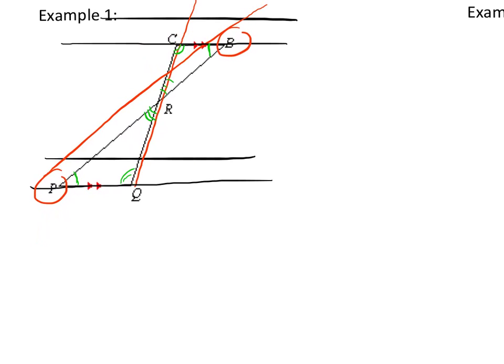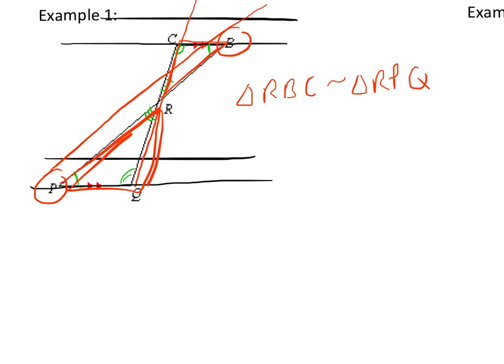And if I were to write a similarity statement, I would say triangle RBC is similar to triangle, I have to match it up here, so R would go with R, B goes with P, and then Q goes with C. And we know that based on the angles that we see. So these are definitely similar.